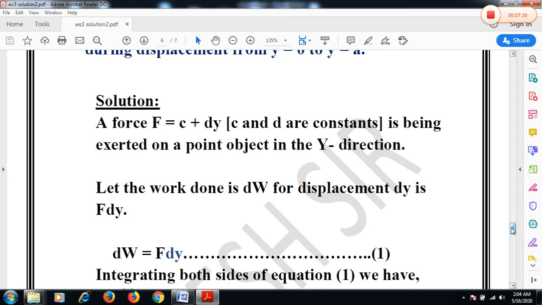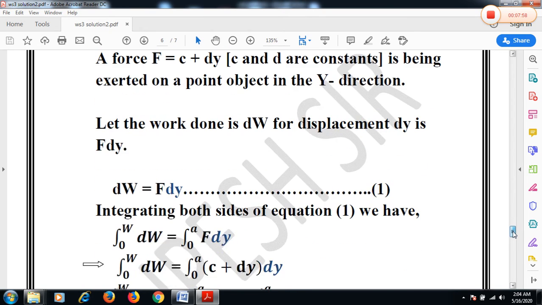We have numbered it as equation 1, since work done is force into displacement, and here force and displacement both are in the same direction. So we have the equation dW equals F dy, and we have numbered it as equation 1.